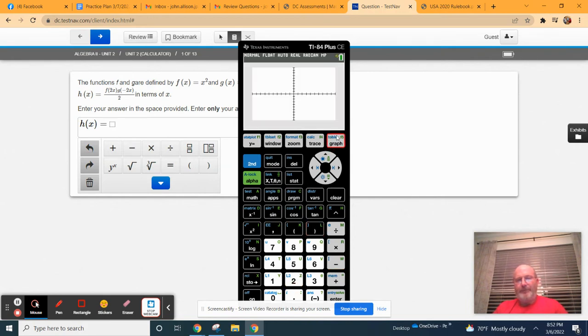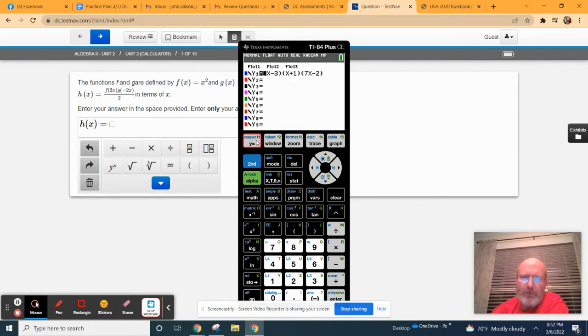When you graph this, the important thing is where it intersects the x-axis and the y-axis. And what you're going to see here is, let me look at this again. Make sure I got this right.